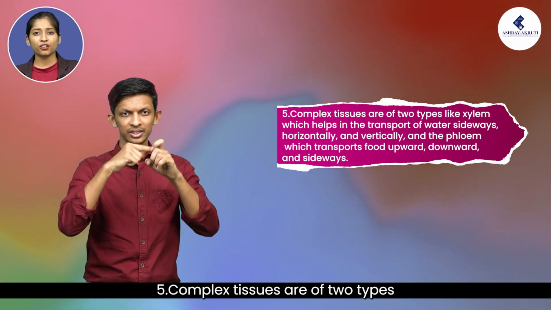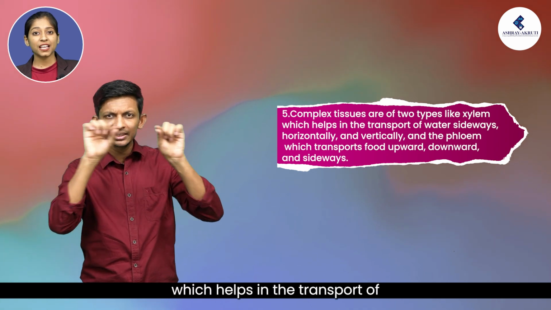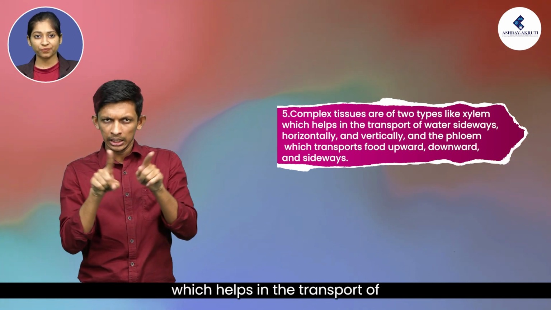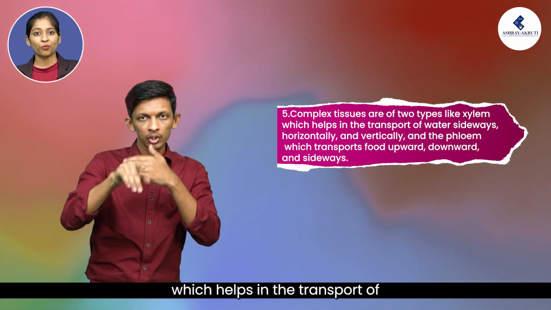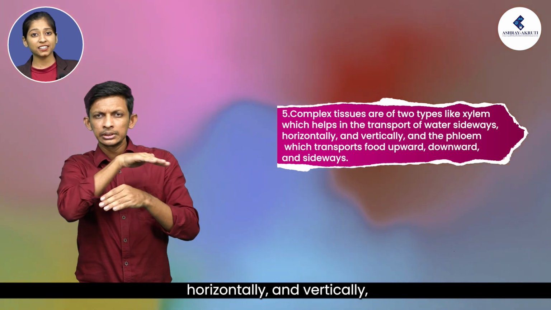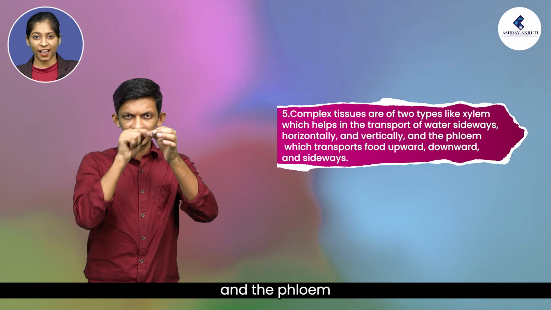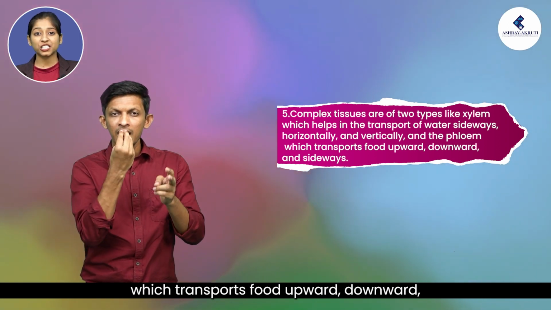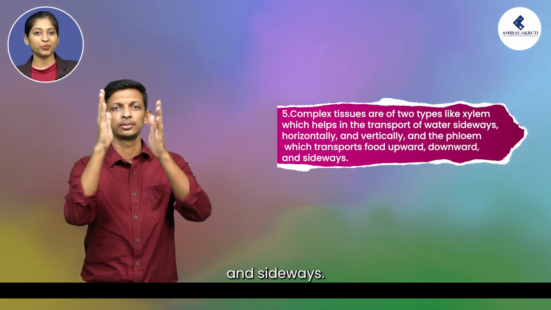Complex tissues are of two types: xylem, which helps in the transport of water sideways, horizontally and vertically, and the phloem, which transports food upward, downward and sideways.